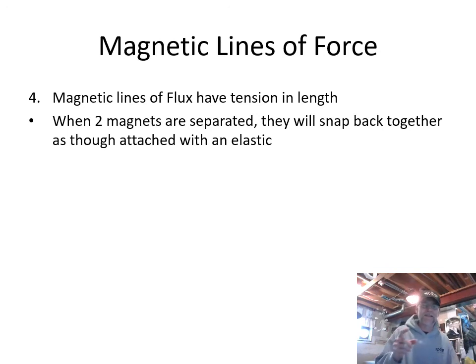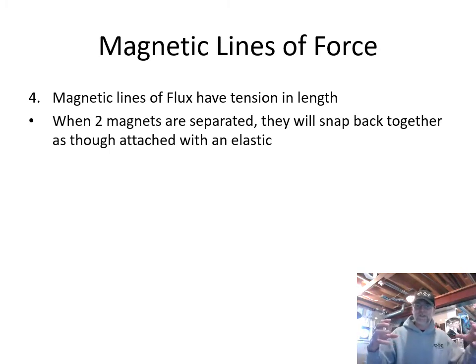So we go back to that second law, which said that as we pull the 2 magnets further apart, the force of attraction will get less. So the greatest force of attraction, the greatest tension in length, happens when those 2 magnets are very, very close together. And the more we separate them, the less tension in length we have. There is still tension in length, but the force gets much, much less. So there's not a point where it dramatically snaps.